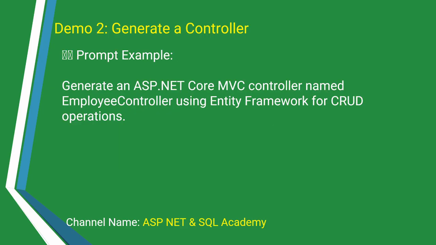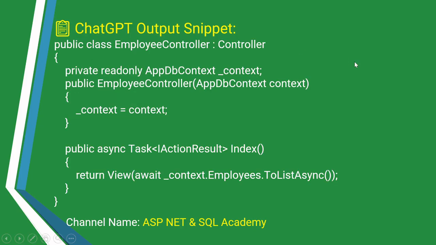Next, ChatGPT can generate a full controller with the actions for create, read, update, and delete. This gives you a ready-to-run structure that you can customize for your database context.